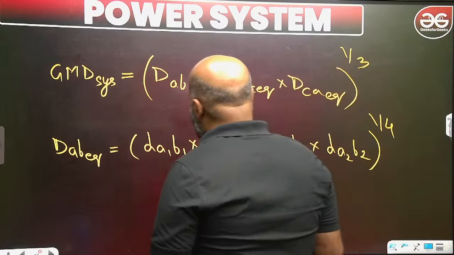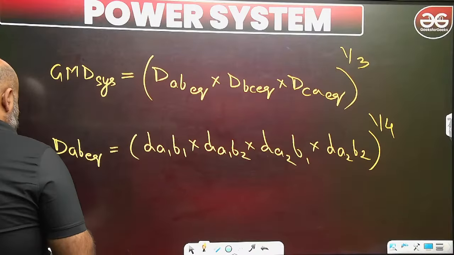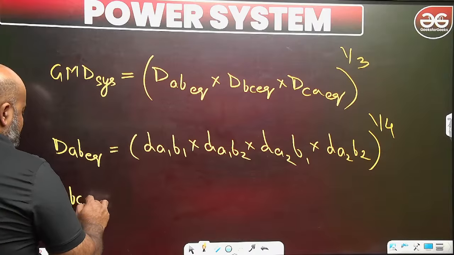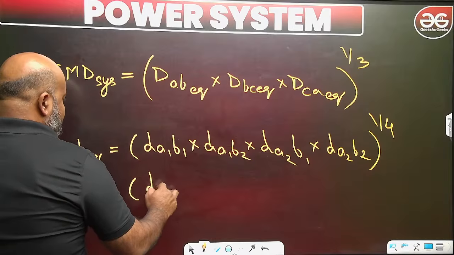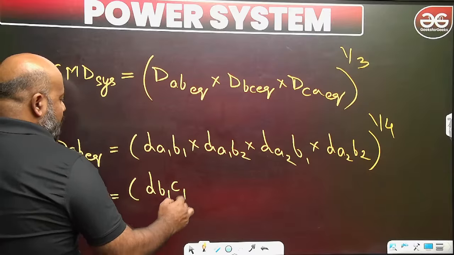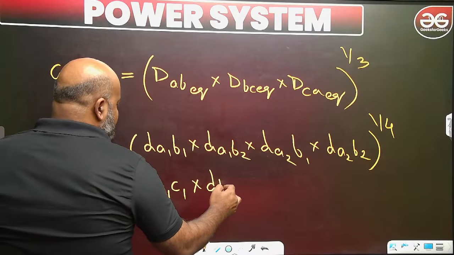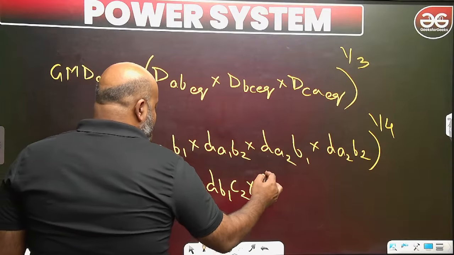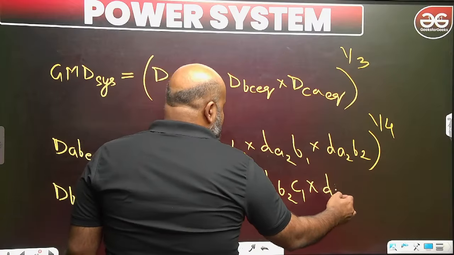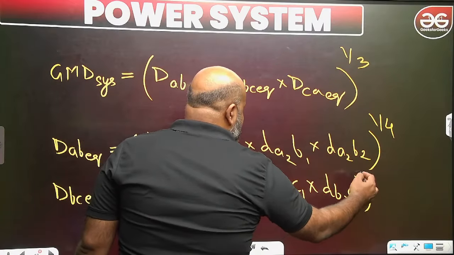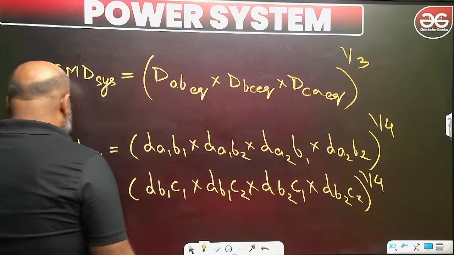How many distances? 4. What is the effective root? 1 by 4. What is DBC equivalent? You have to find the distance between B1C1, B1C2, B2C1, B2C2. How many distances? 4. What is the power? 1 by 4.